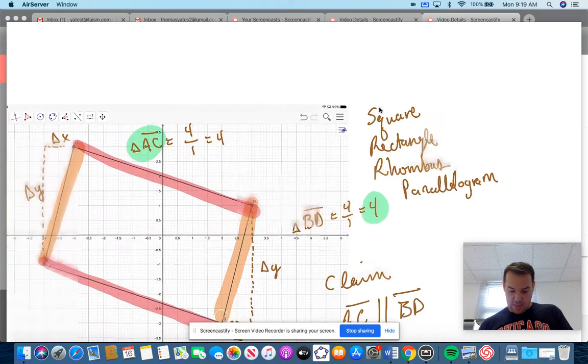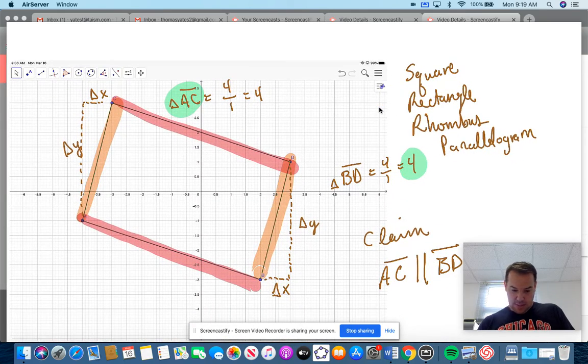Which one is this? I mean, it doesn't take rocket science to figure this out. It's not a square, it's not a rectangle, and it's not a rhombus, okay? Now, I can say that, and I can just cross those out, but what could I use to support that claim? What evidence do I have to say that it's not indeed a square?